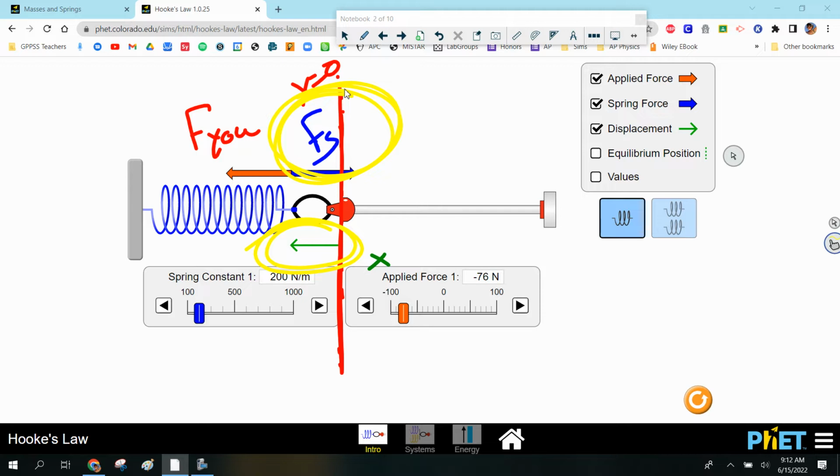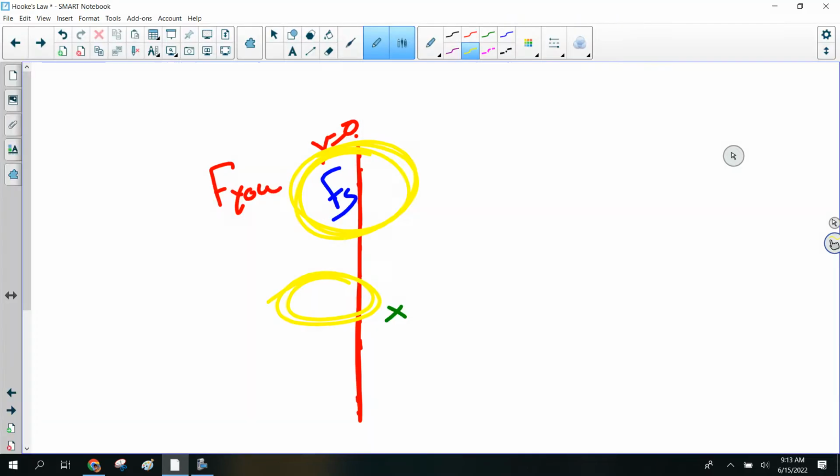So the direction of x and the direction of the force of the spring are always going to be opposite. So that's the deal with springs. The more you squish or stretch it, the more force it will exert. The direction that you squish or stretch it is opposite from the direction of the force of the spring. Okay? So let's get all of this down into writing.